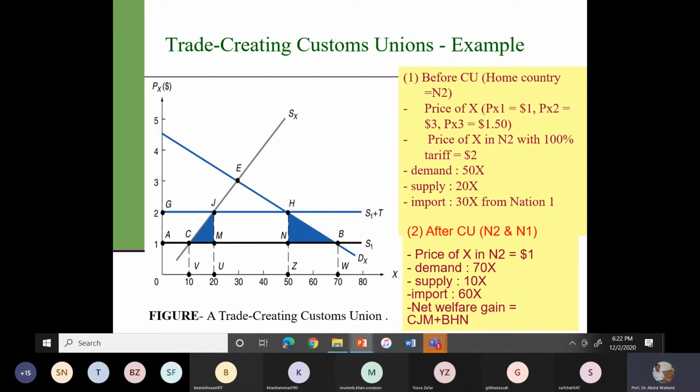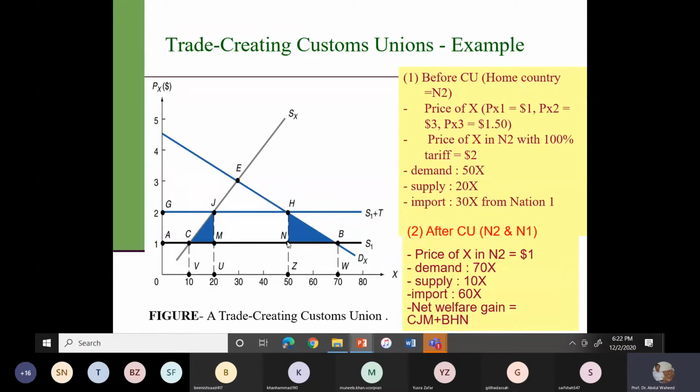Now if there is international trade, if it is free trade, then the price would be $1. This is the domestic demand, this is the domestic supply, and this is the import. But if there is a 100% tariff on the product from nation 1, then the domestic price in the economy will not be $1.